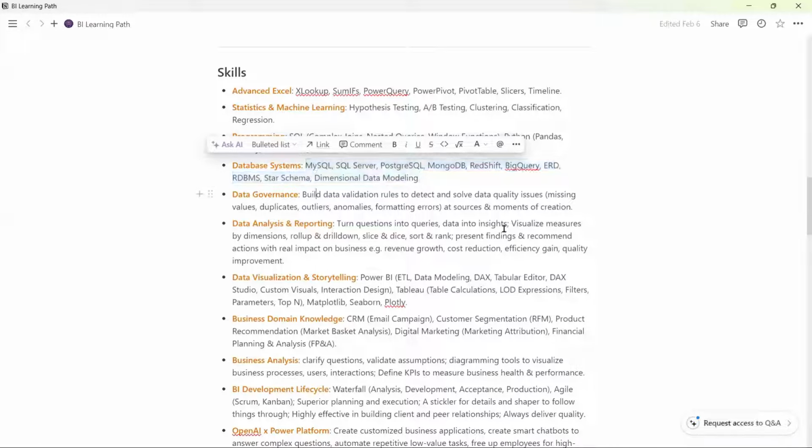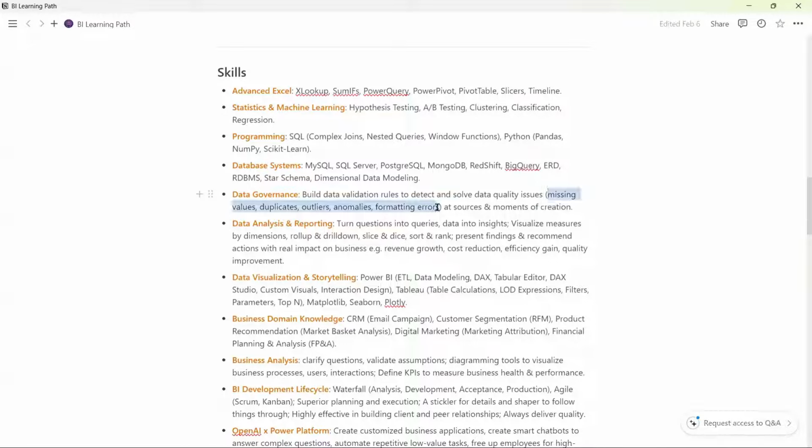Data governance is important. If you recall the several jobs we look at, I think we have seen data quality analyst. And this is your foundational skills, how to work with messy, hairy, dirty data, right? So you can mention build data validation rules to detect and solve data quality issues.